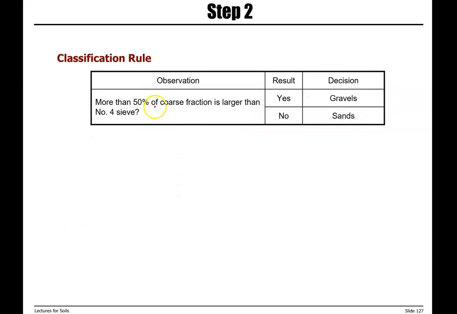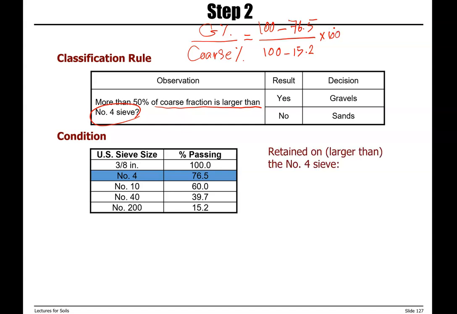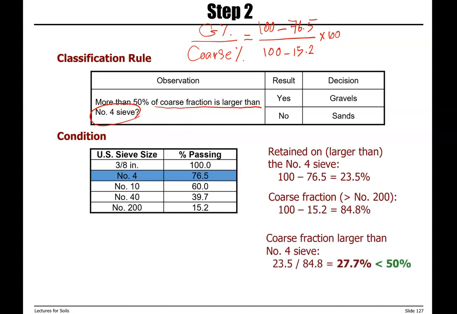Now we need to calculate coarse fraction that is larger than sieve number 4, which is again percent of gravel divided by percent of coarse. And here you need to look at percent passing from number 4 and number 200. So we have 100 minus 76.5 divided by 100 minus 15.2 times 100, which gives you 27.7%.